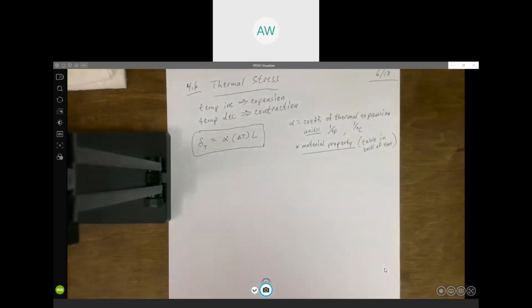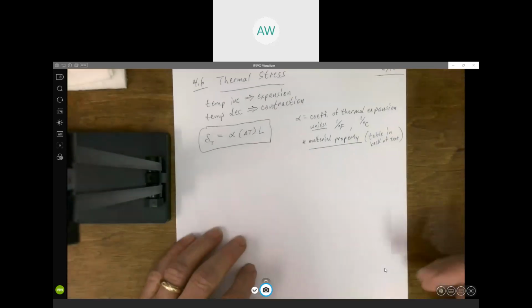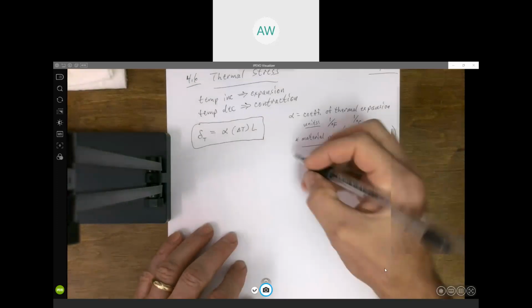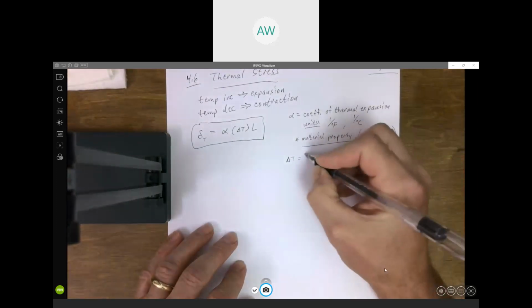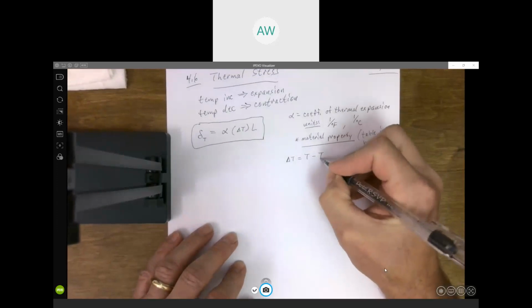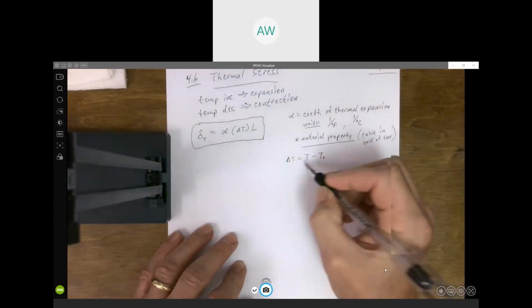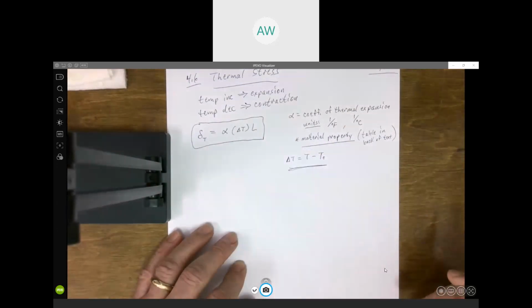All right. Delta T there should be pretty obvious. So what delta T is, that is the change in temperature. So it'd be whatever the temperature is minus the original temperature. And it'll be positive if the temperature goes up, and it'll be negative if the temperature goes down.